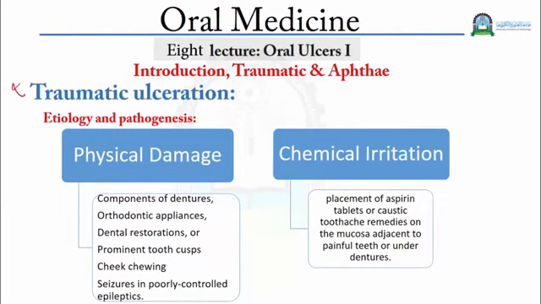First one is traumatic ulcer. Traumatic ulcer has an etiology and pathogenesis which might be chemical or physical in nature. The physical causes of traumatic ulcerations may be due to components of dentures, such as the clasp in the partial denture, or due to orthodontic appliances such as the brackets or the wires.